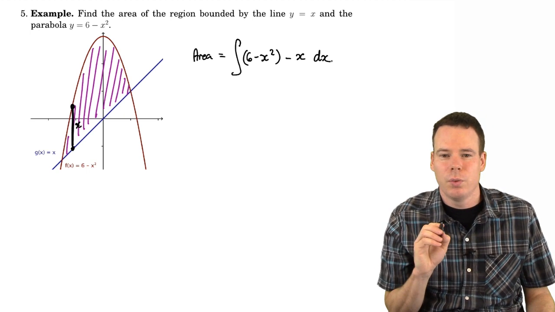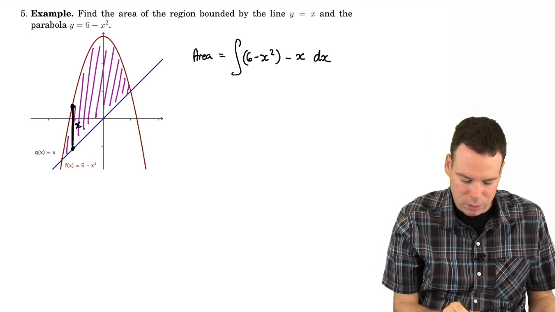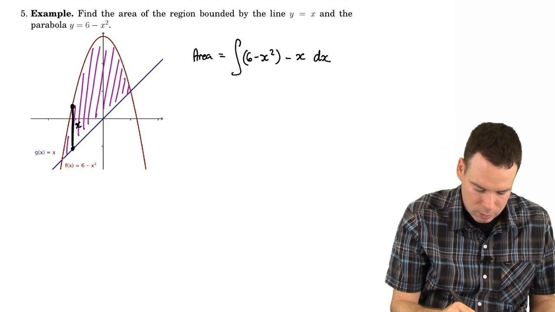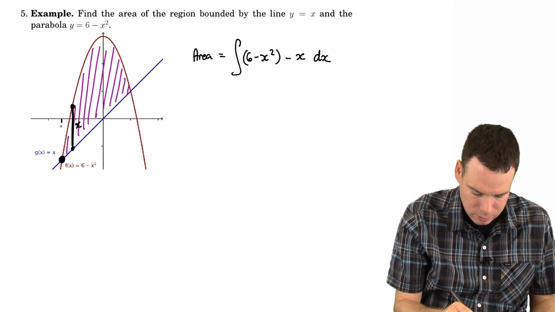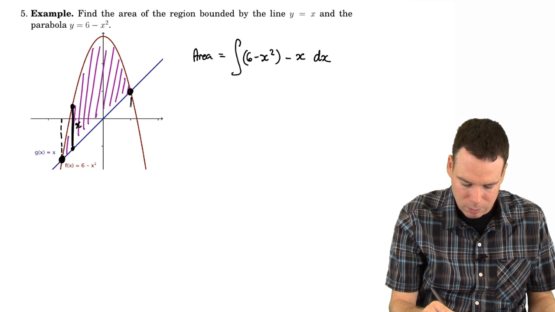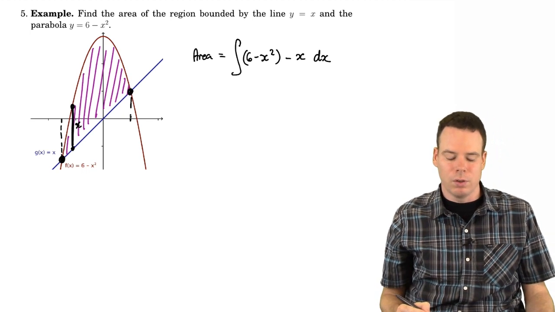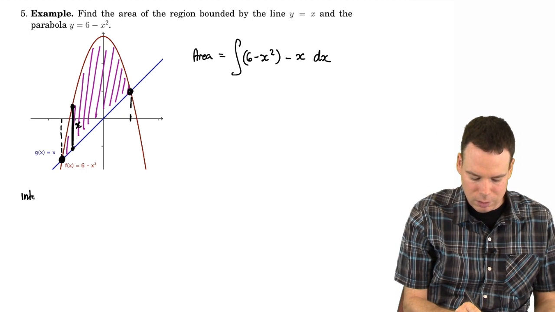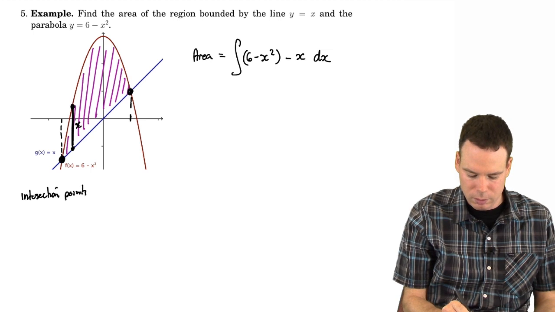Now we just need to know what our x values sweep over. Where do they start and where do they end? I need to know that intersection point, because that tells me where my x values start from. I need to know that intersection point, because that tells me where my x values are going to end. So I need to know the intersection points of these two curves.